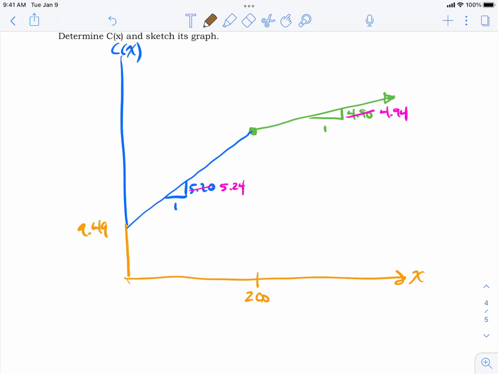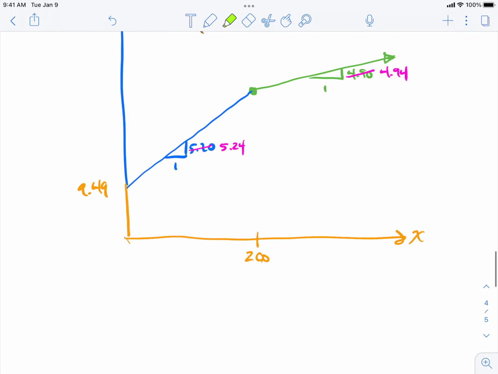So it's obvious from now that I've got basically two lines. It's going to be a two-piece function, piecewise defined, two parts. And what are the two parts? Well, this part here, part 1, is if you use less than or equal to 200 gallons. Then what's your cost function?